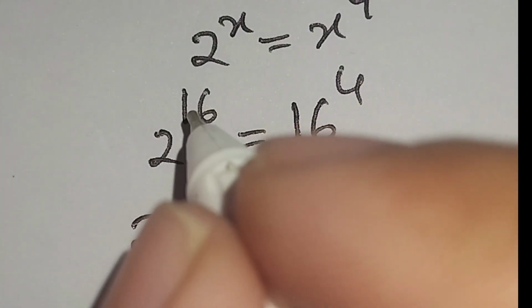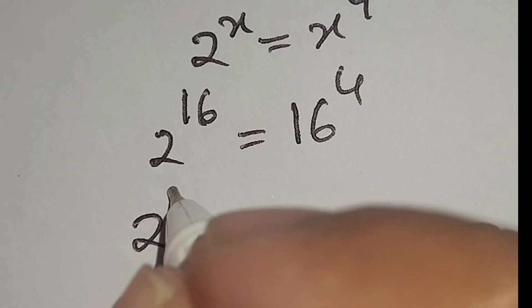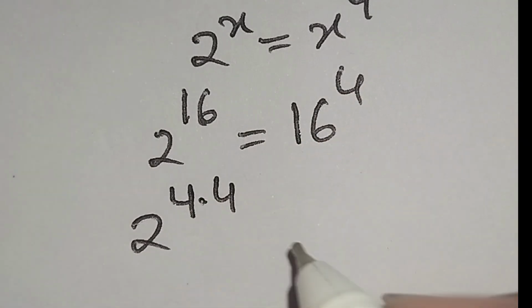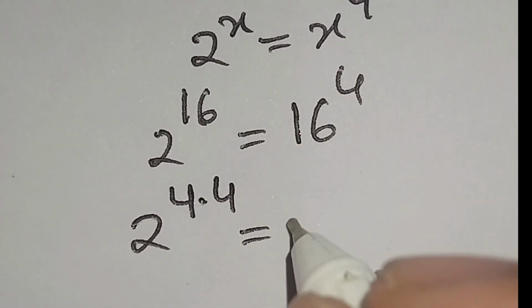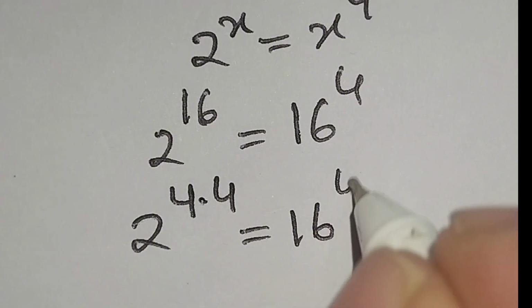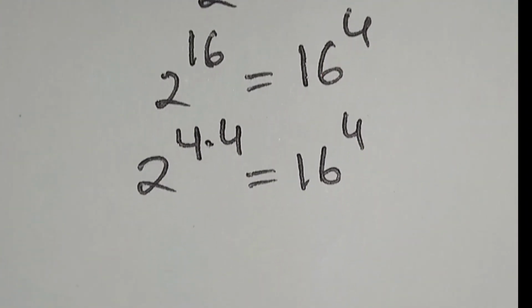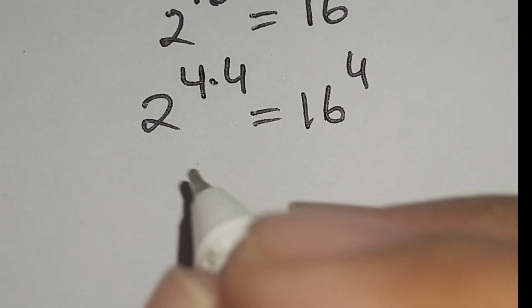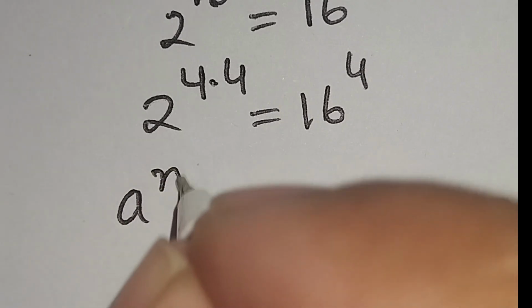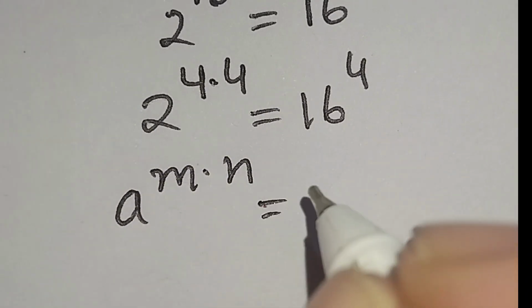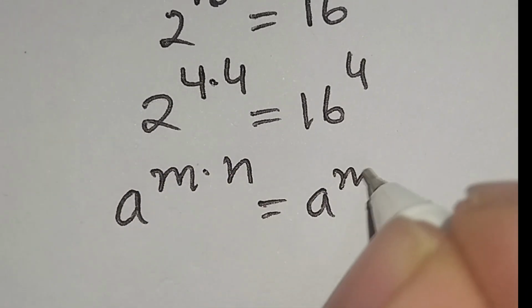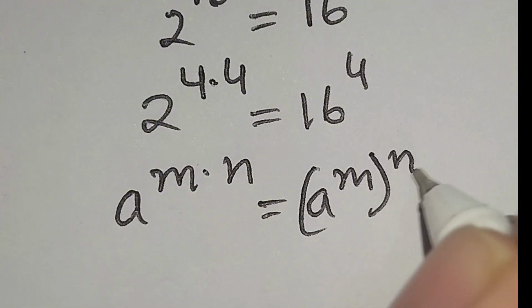We can write 16 as 4 times 4, so 2 to the power 4 times 4 is equal to 16 to the power 4. We know a to the power m times n is equal to a to the power m, whole power n.